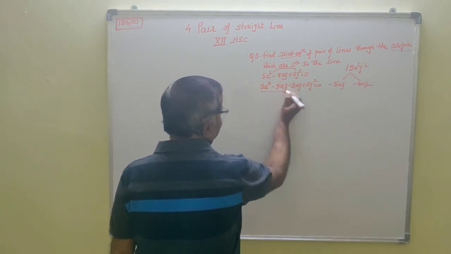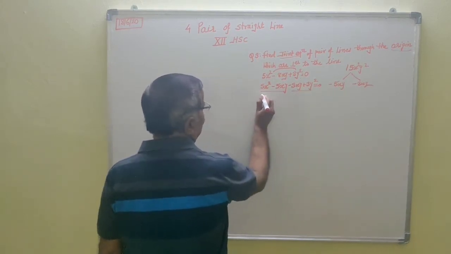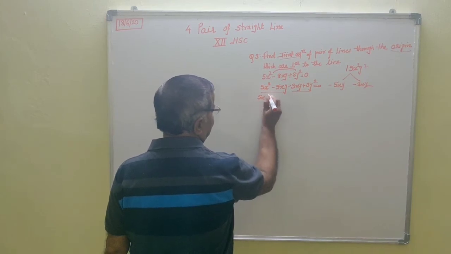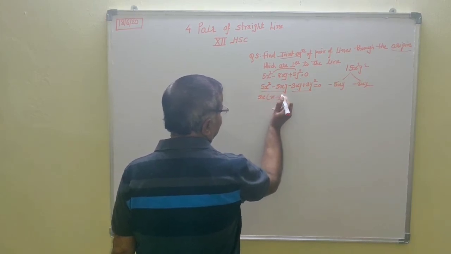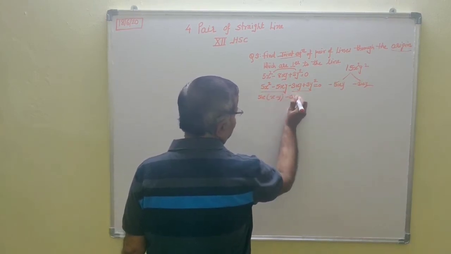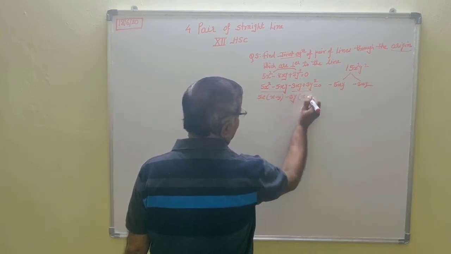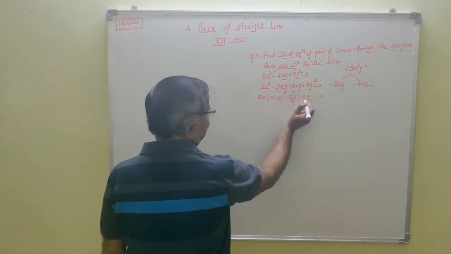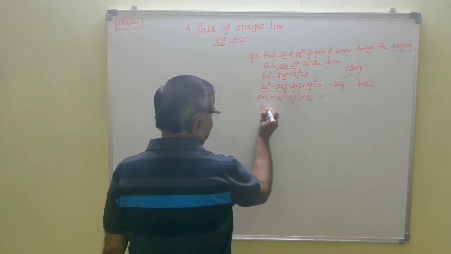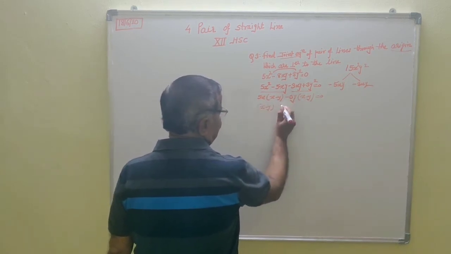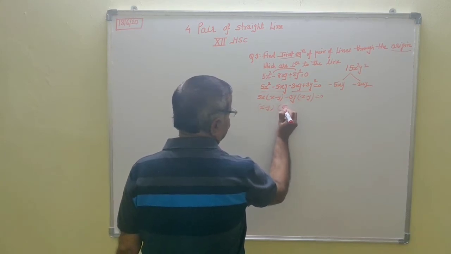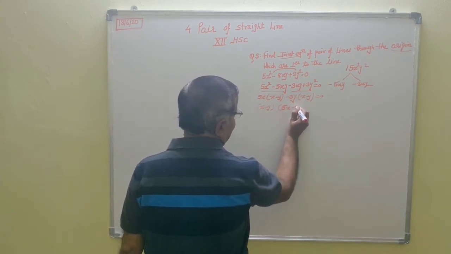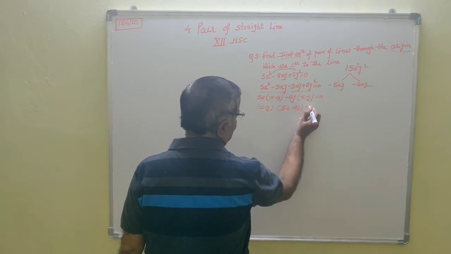I will gather these two terms and take out the common. So what will I get? 5x taken out common, x minus y, minus 3y taken out common, again x minus y, which means my factors are correct. These two brackets are equal. x minus y and 5x minus 3y is equal to 0.